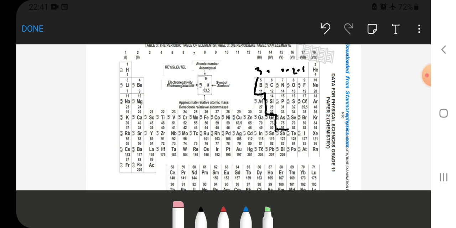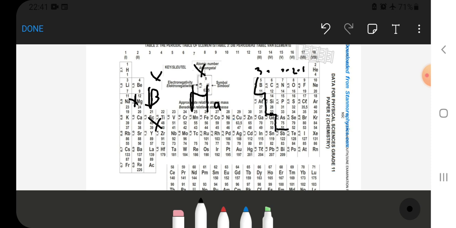So whenever we are bonding a metal and a non-metal, maybe we are bonding B and Na. Na has 1 valency electron. B has how many? 1, 2, 3. B has 3, while Na has 1.